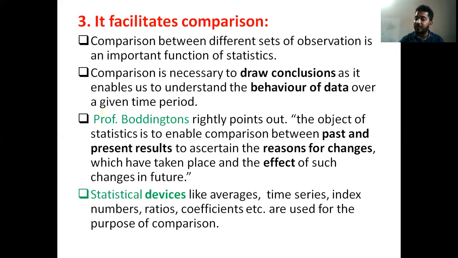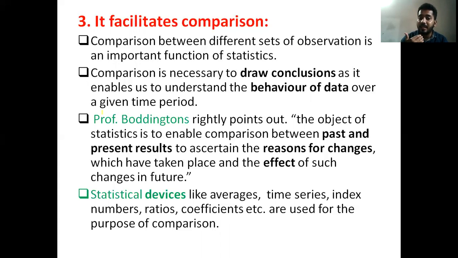If you compare the past result with the present result, then you can get the reason for whatever changes happened as compared to the previous year. By getting the reason, we can understand how the effect will be in the future. So in order to predict the future, comparison is necessary. The major function of statistics is to facilitate comparison.